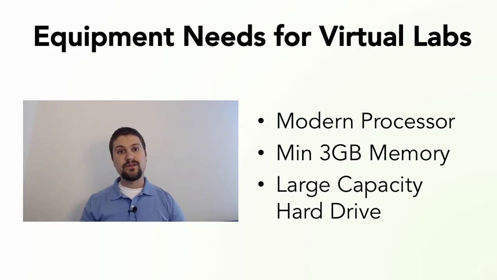So my recommendation, if that's the route you want to go, is to buy something that has USB 3.0, or if you've got a Mac, then Thunderbolt is also extremely fast. And between Thunderbolt and USB 3.0, you can actually run your virtual machines right off of the hard drive. The other option is to just transfer them back and forth between the guest or the host machine and the hard drive. So that's the overview of equipment needs for virtual labs.